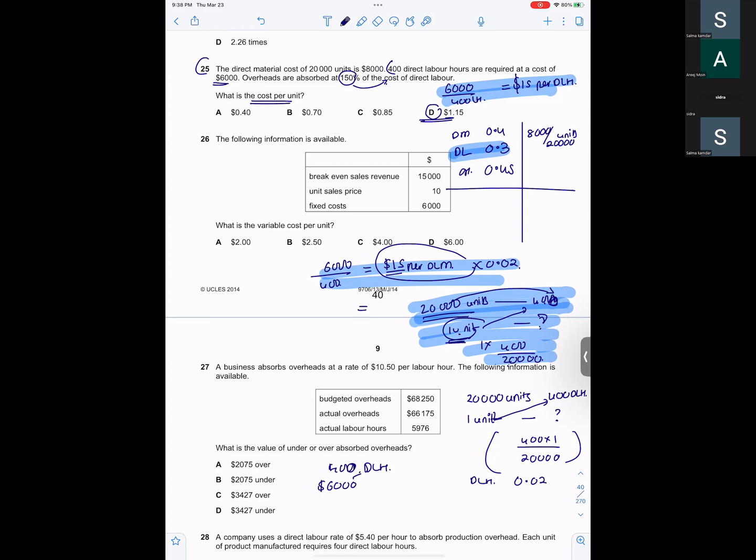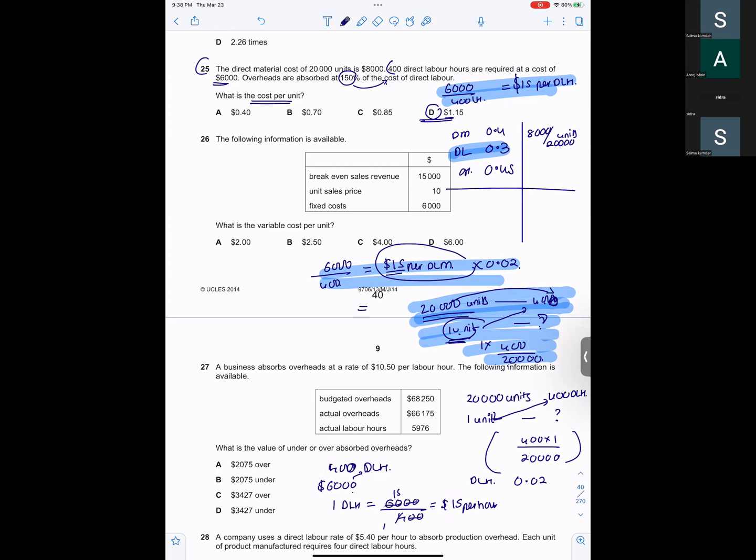So that means for one labor hour, you will spend how much? 6,000 divided by 400. You have paid 6,000 for 400 hours. So how much per hour? 15.